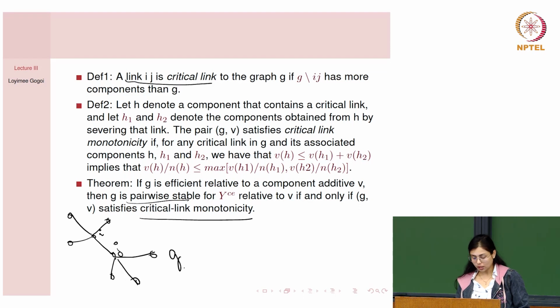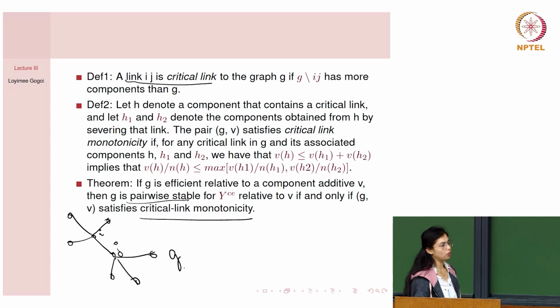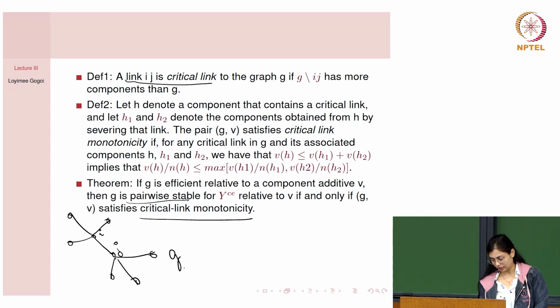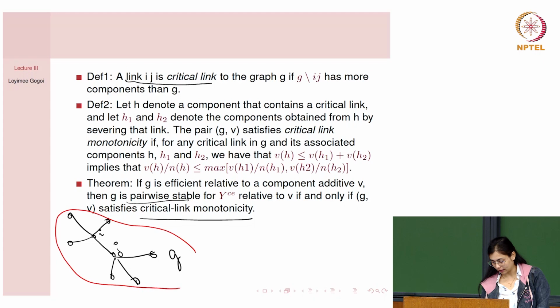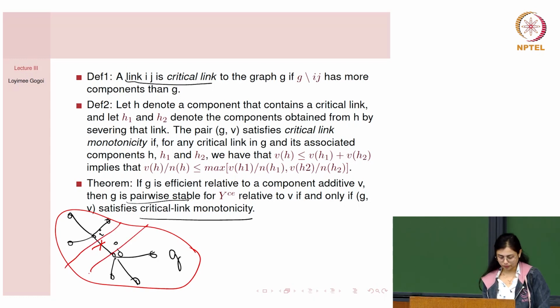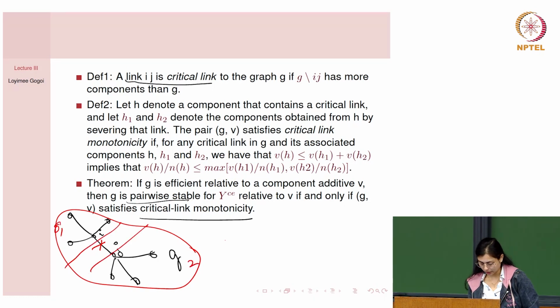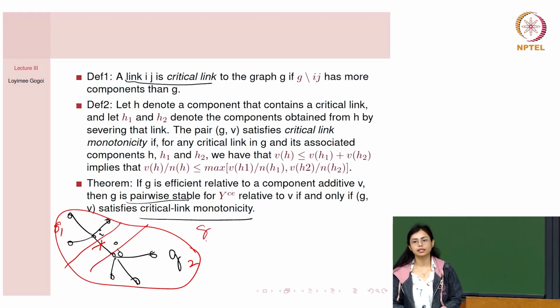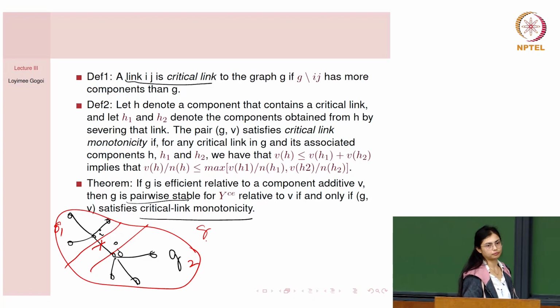After deleting the link, if G has one more component, then we say this link is critical. Now G is wholly connected. If I delete this link, G will have two different components, G1 and G2, and the whole network is G. Then I can say this link ij in G is critical.